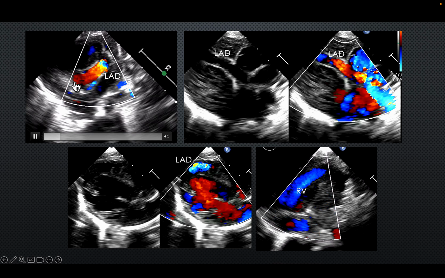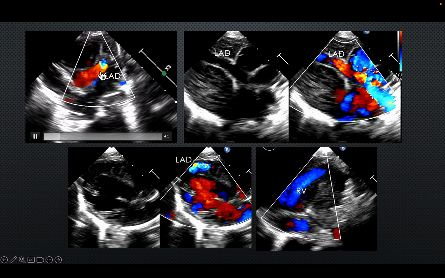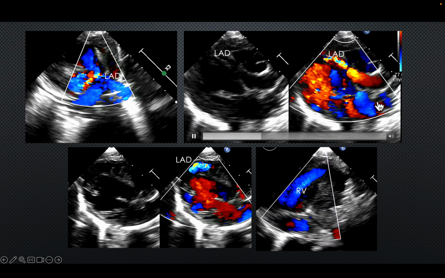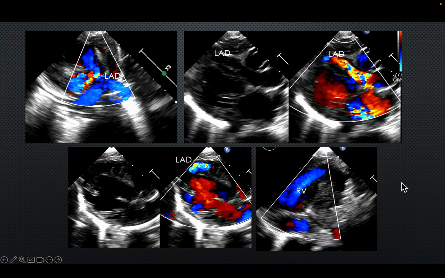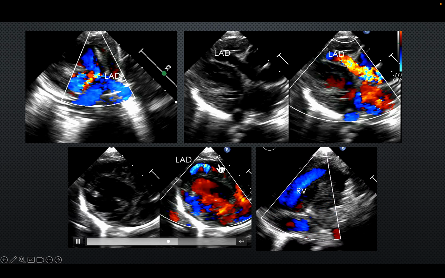Again, that short axis view where you see the left main artery dilated, the LAD which is going ahead, and you see this further next step. You follow the fistula, and if you follow the anterior descending artery on the interventricular groove between the right ventricle and left ventricle anteriorly, you see it is turning close to the apex.